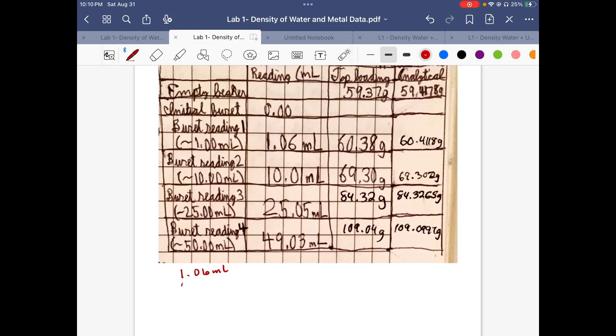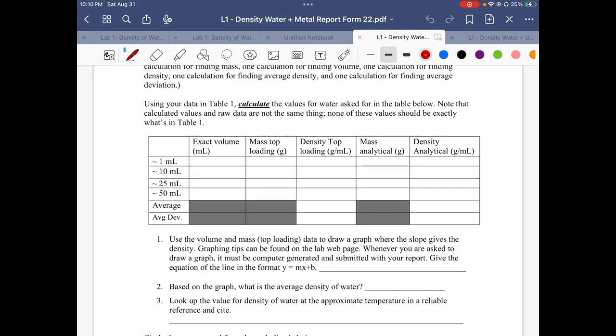It happens to be that this particular student had the initial at exactly 0.00, and that means that first value happens to be the same. So I would plug that 1.06 into here, and I also have the correct sig figs. You should have 2 to the right of the decimal for volumes.